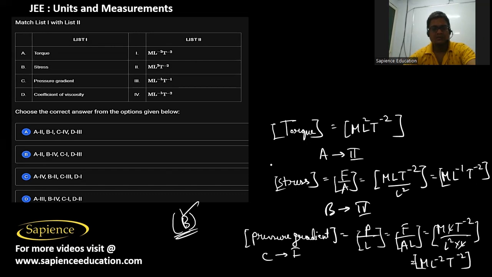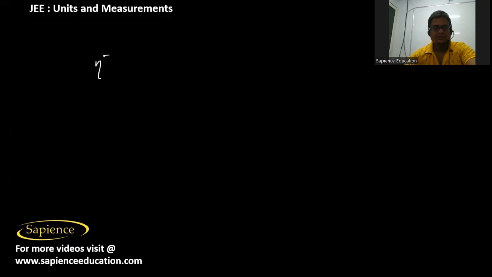And D, which is coefficient of viscosity. As you know, the viscous force is equal to 6 pi eta R V. So eta is force by length into velocity, meaning the radius of the sphere into velocity.